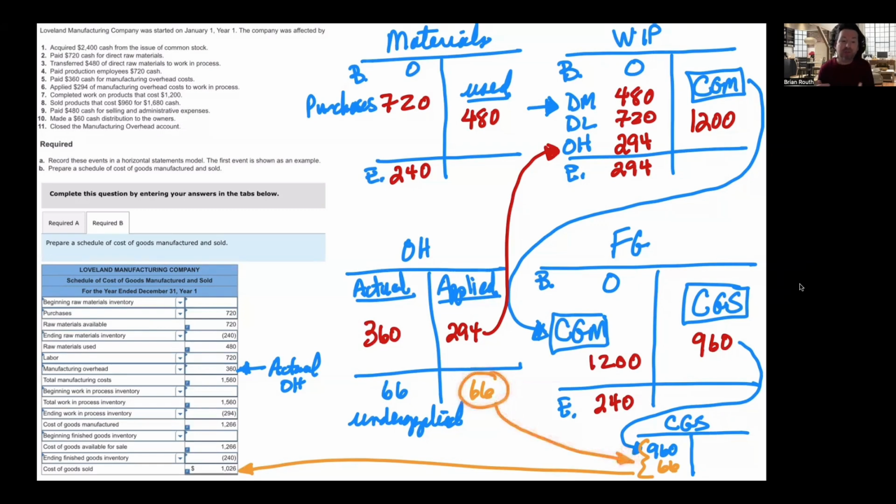Eventually we get the same numbers, but I wanted to point out the differences between using the T accounts versus the schedule of cost of goods manufactured.